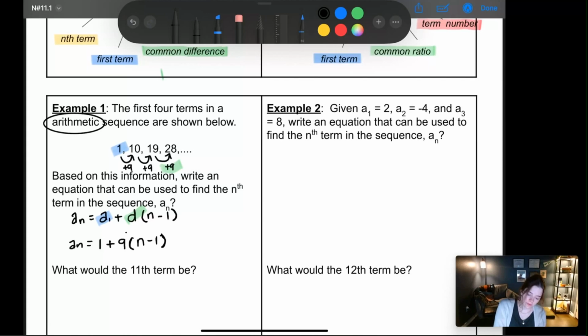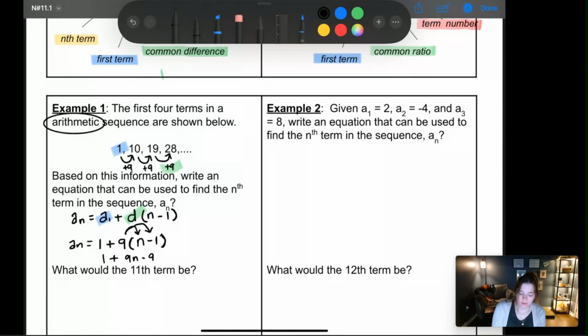Remember, if you see a number in front of a set of parentheses, we're going to distribute it so we can simplify. I know that n times 9 would be 9n. 9 times negative 1 would be negative 9. So I have 1 plus 9n minus 9. Do you see anything that can be combined there?